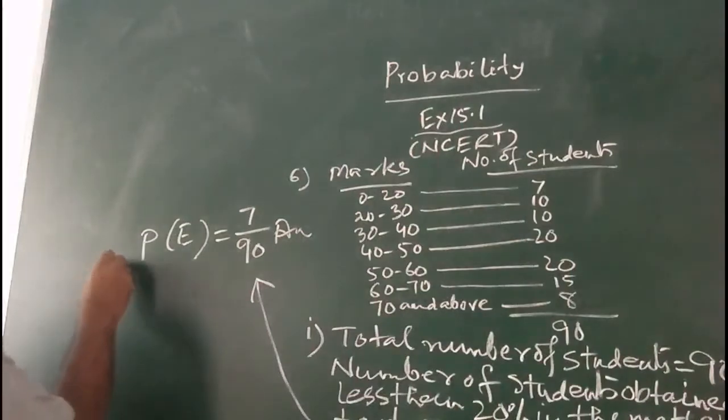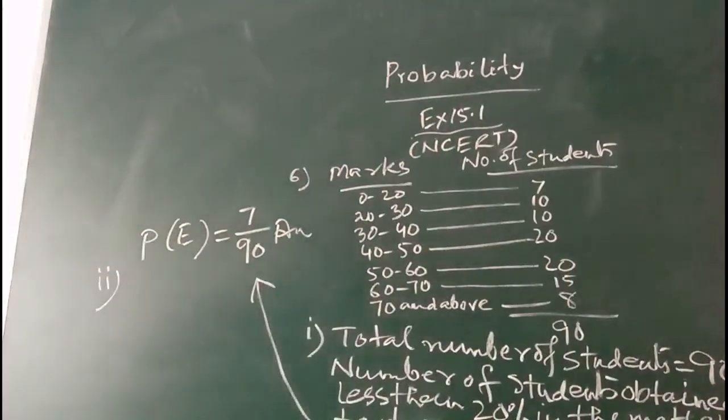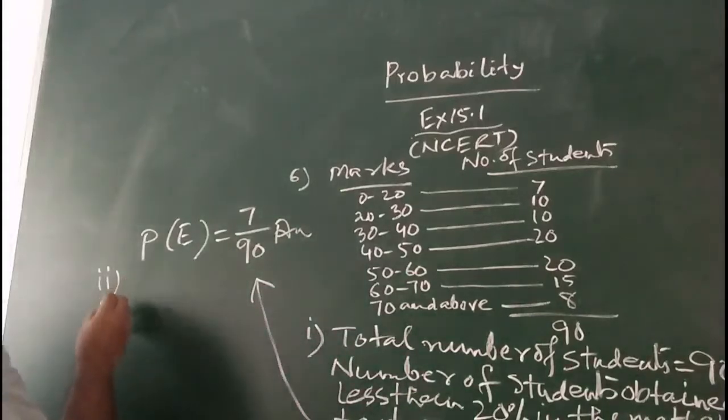And number 2, number of students obtained marks 60 or above.